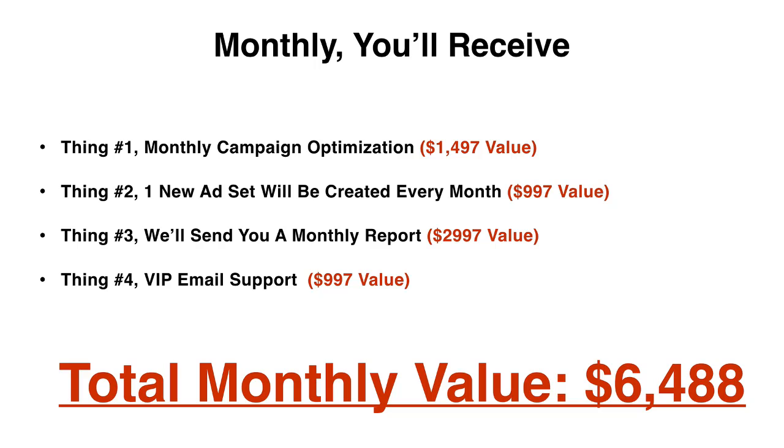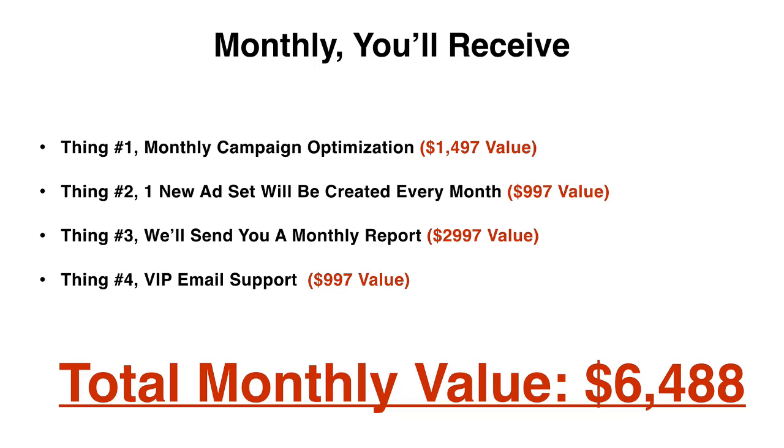Then monthly, after we get things up and running and it's off to the races, you're gonna receive thing number 1, which is monthly campaign optimization. So we're gonna go in there and we're gonna tweak and we're gonna tinker. We're gonna figure out what's working, we're gonna figure out what's not working, right? And we're gonna scale and change it based upon what we find. Thing number 2 is you're gonna get one new ad set created, a whole new creative added for you each and every month so that your ads stay fresh, all right?